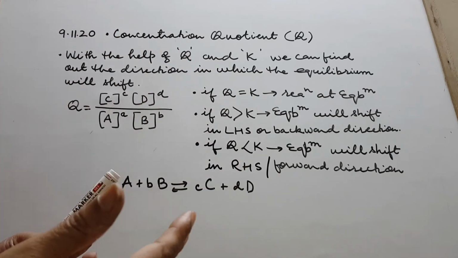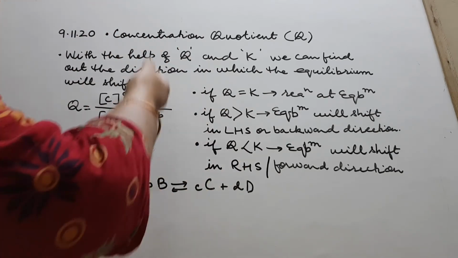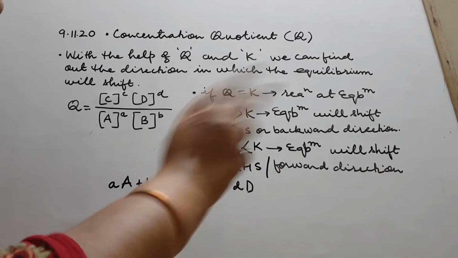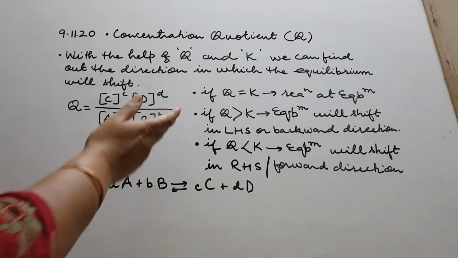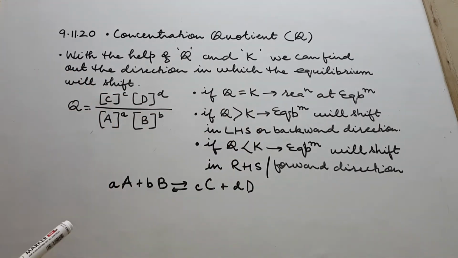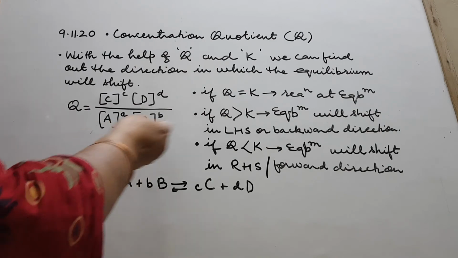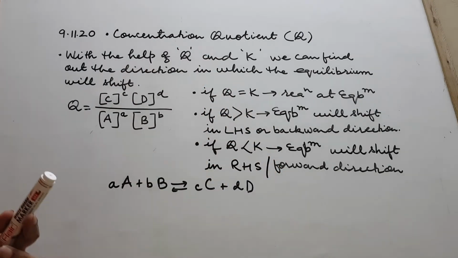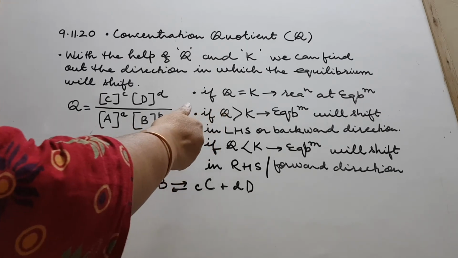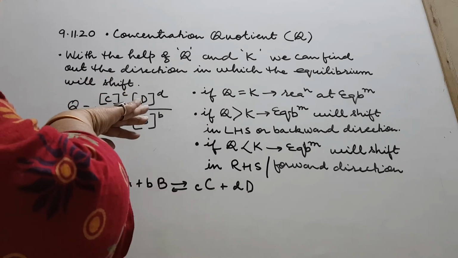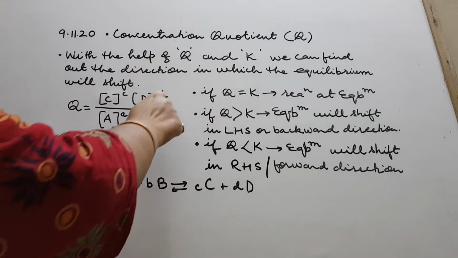So there's a possibility that when we were calculating, maybe it was the state of equilibrium itself. That's why in that case, Q and K will be the very same. That's why I said if Q is equal to K, the reaction is at equilibrium. Otherwise, the conditions I've just explained, no need to repeat that. If Q is more, then it will shift in the backward direction, meaning this is more, this is less.